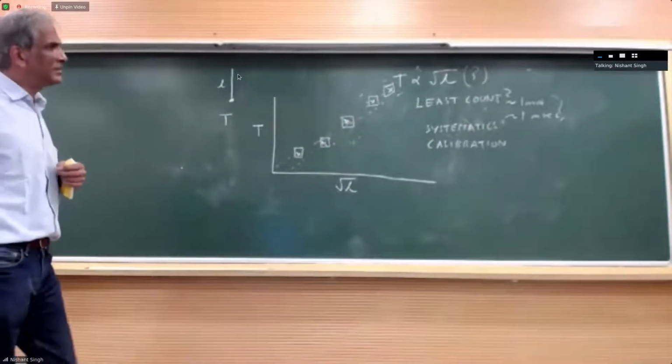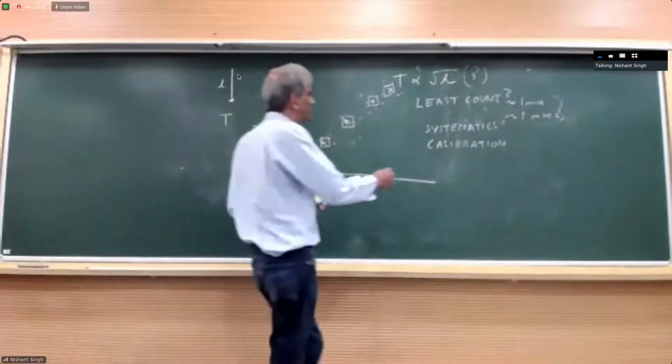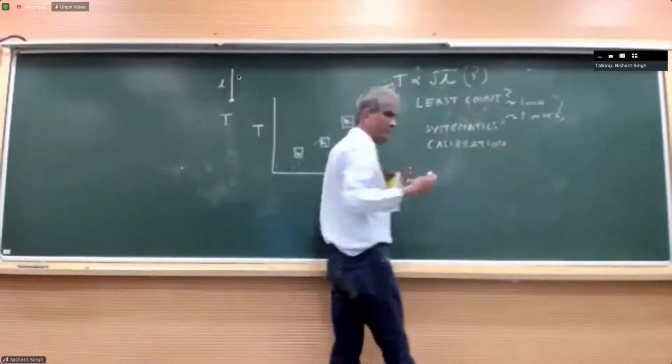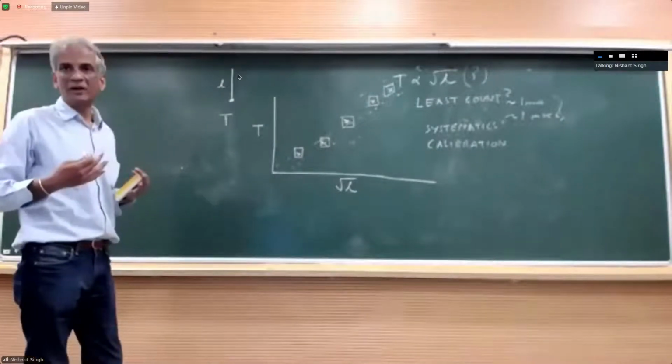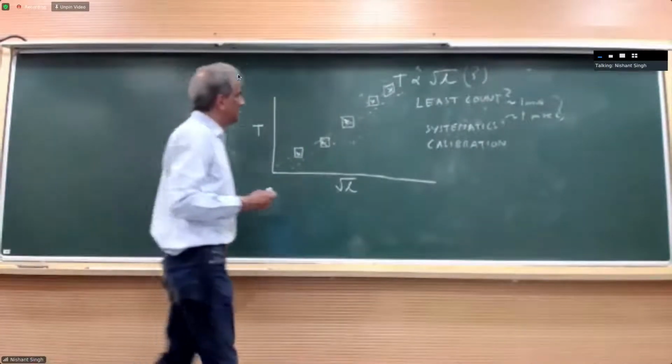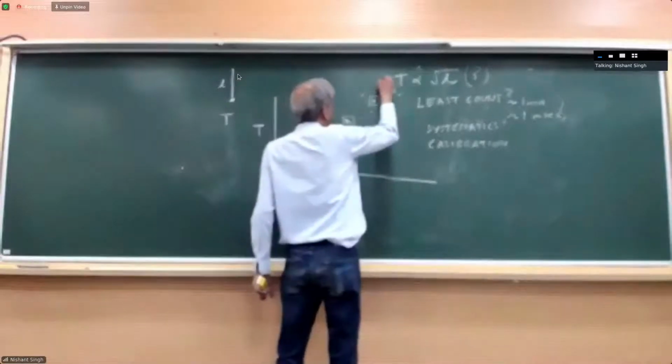To do that, during the second calibration, you have to work hard to find the magnitude of the systematic error. And if you do that, then you go above the least count and make a bigger box.